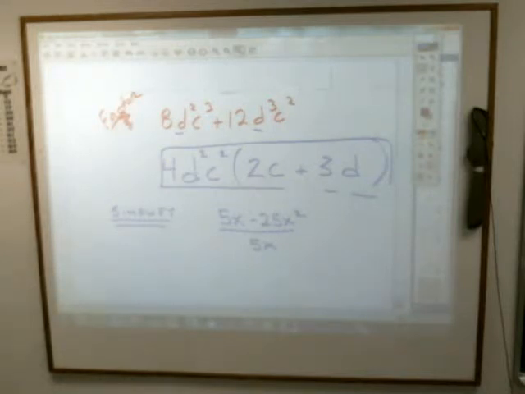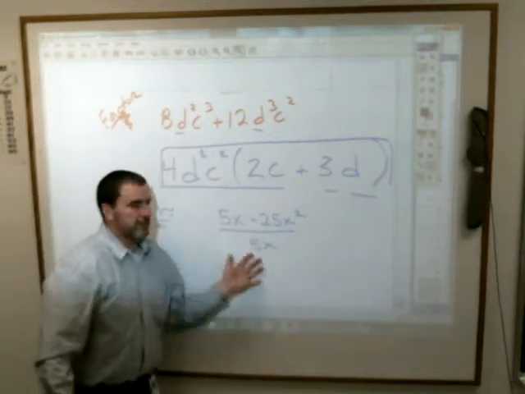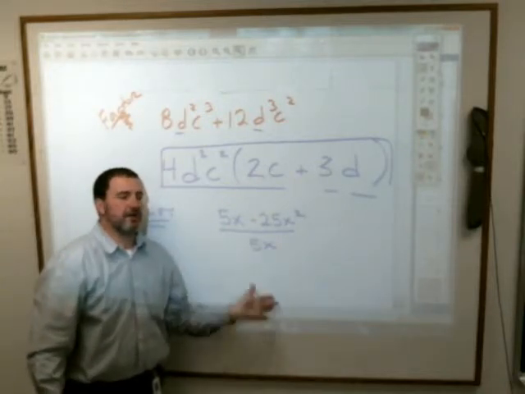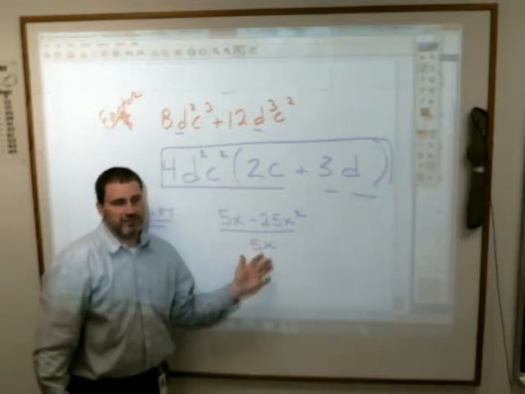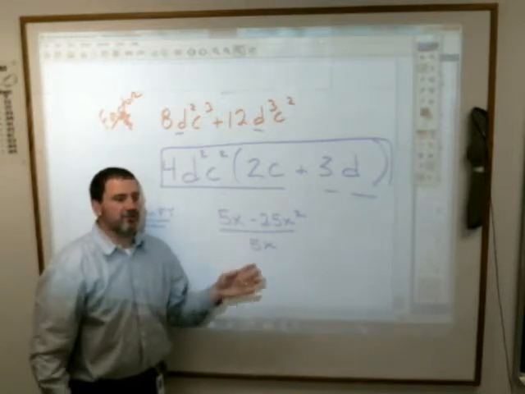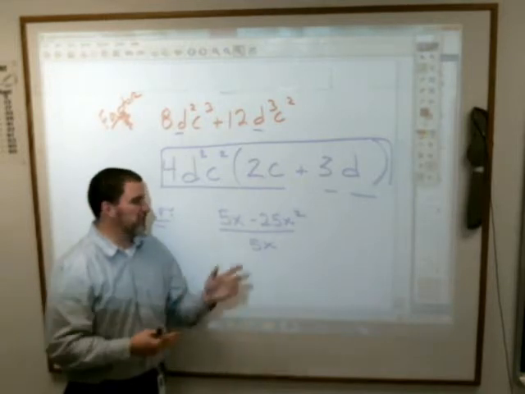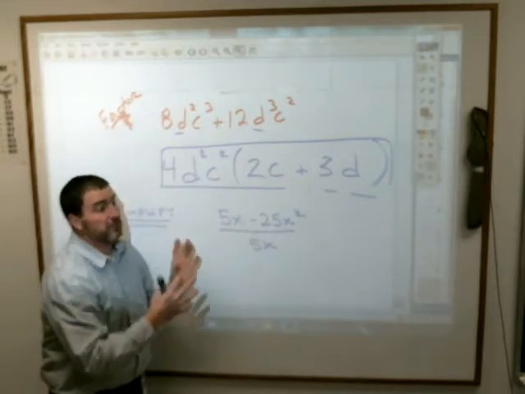If you are asked to simplify this, you look at this and right away you say, can I cross off the 5x's? You are not allowed to, because that is not multiplication, it's addition, and you can't just take a piece out of an addition.